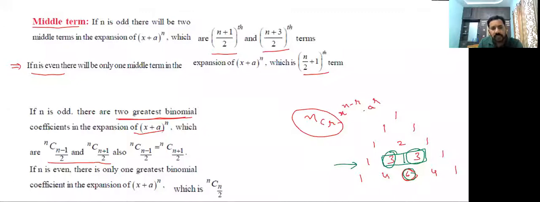That is why nC (n minus 1) by 2 is equal to nC (n plus 1) by 2. There are two greatest binomial coefficients, and those are equal. If n is odd, there are two greatest binomial coefficients. If n is even, there is only one greatest binomial coefficient, that is nC n by 2.